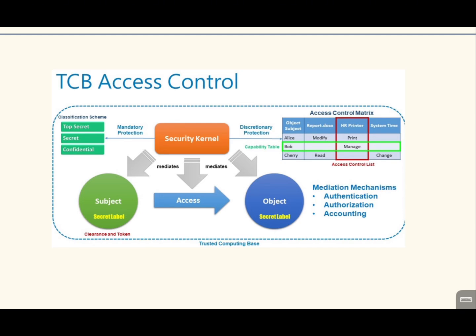The trusted computing base is implemented as part of the operating system security architecture. It consists of hardware, software, and firmware that enforce security policies. The security kernel, shown in the diagram, is the core component of the TCB that controls access between subjects and objects, right?